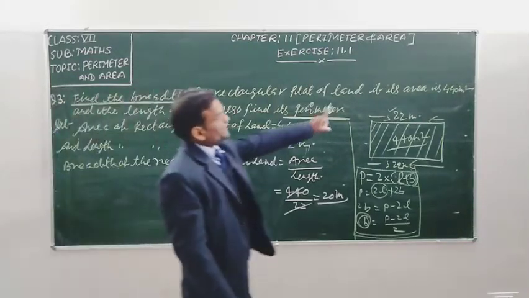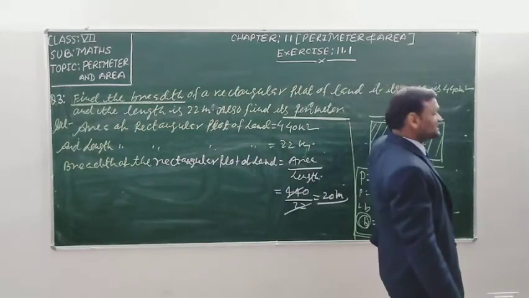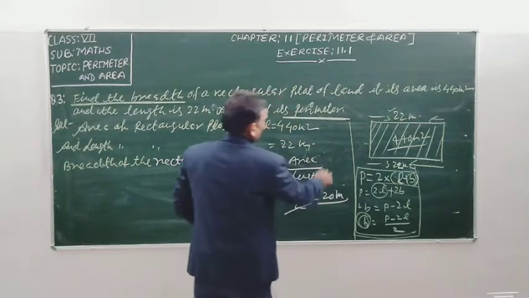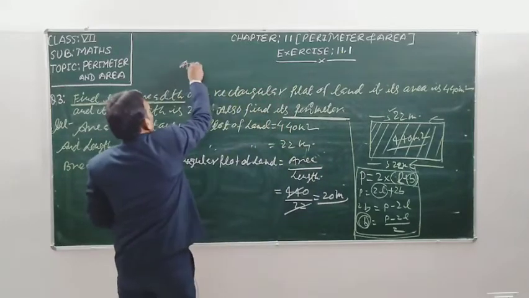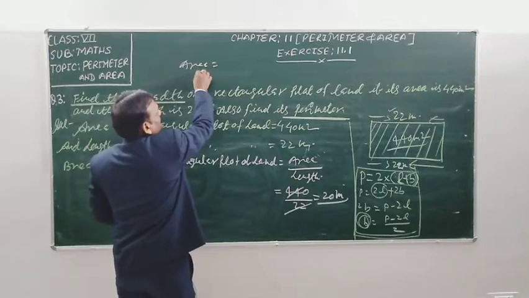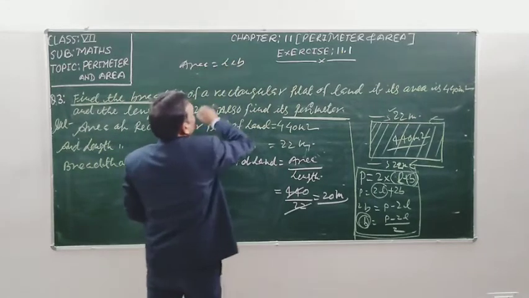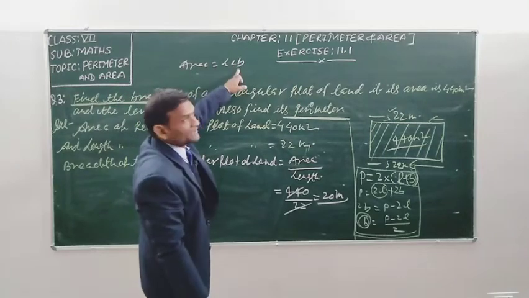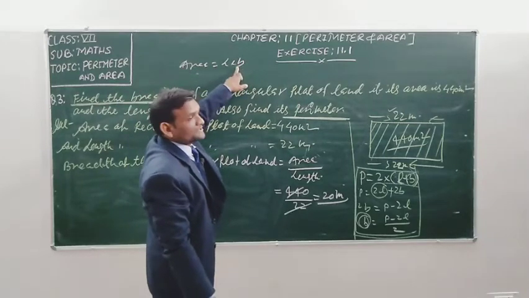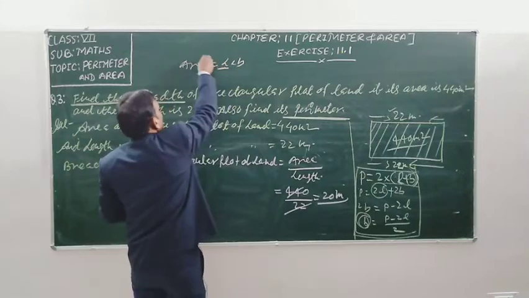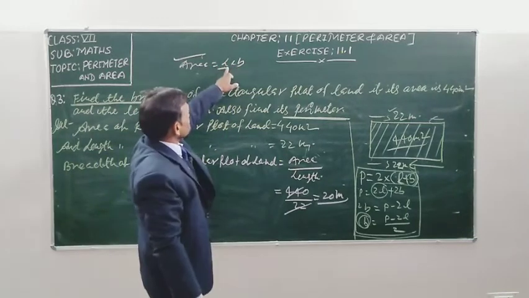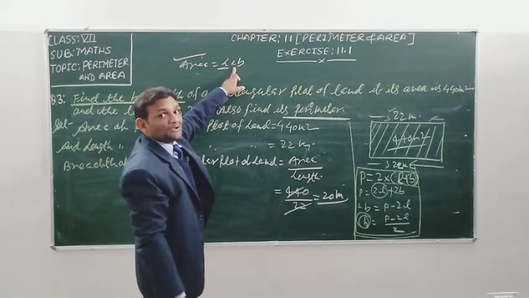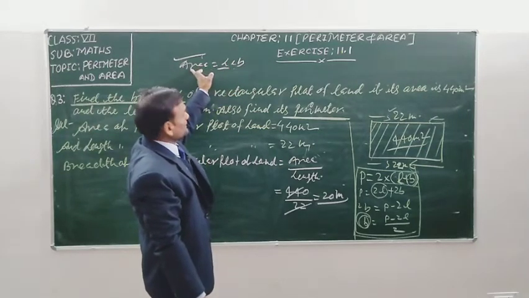But this is when area is given. Because, you know how I wrote this formula, look: area of the rectangle is equal to length into breadth. So we need to find out the breadth. This is the equation, so we have to transpose L to the left side, and when we transpose L to the left side, in the right side it was multiplying, so when we transpose we have to divide.